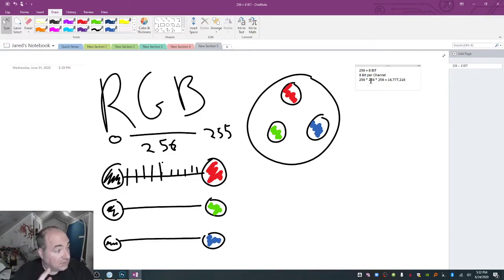Or we can look at it as 2 to the 8th power times 2 to the 8th power times 2 to the 8th power, which if we add the exponents together, we get 2 to the 24th power, which is the same number of colors, 16.7 million.